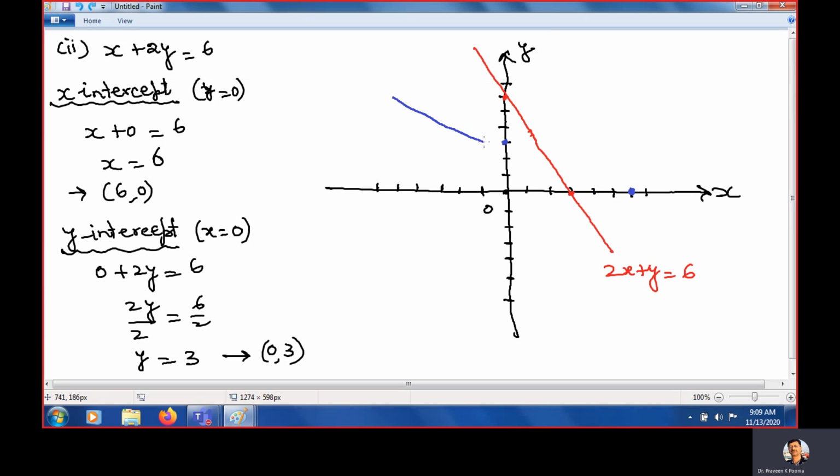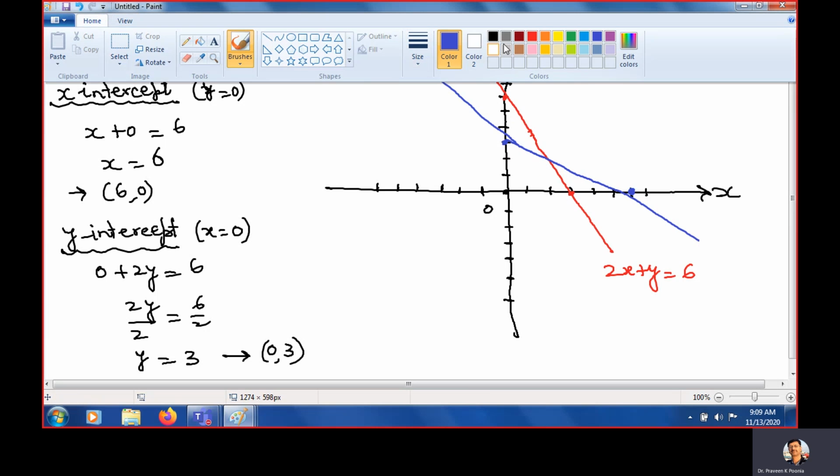Oh, this is not correct. I am unable to draw the line perfectly, but no problem. This is the line. Clear?